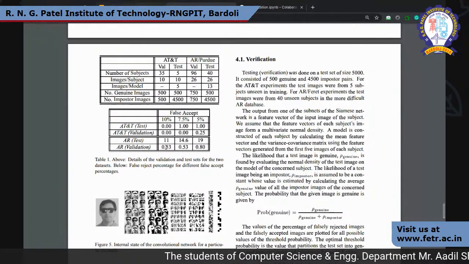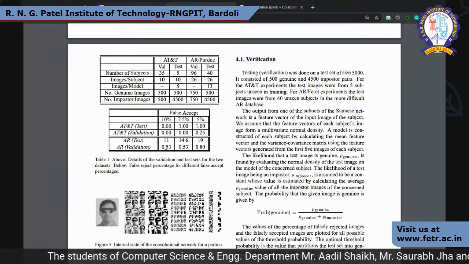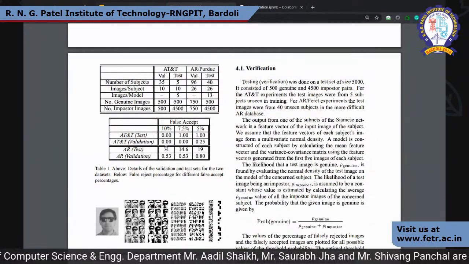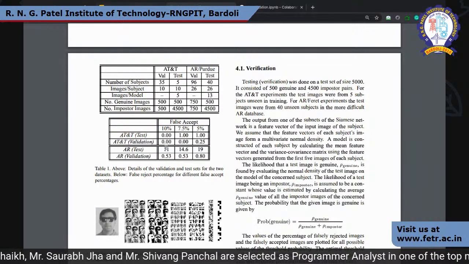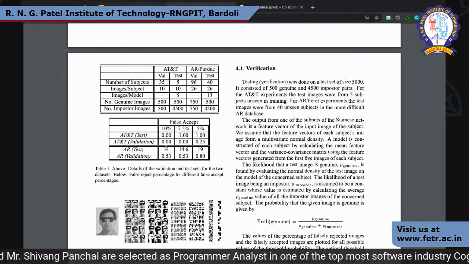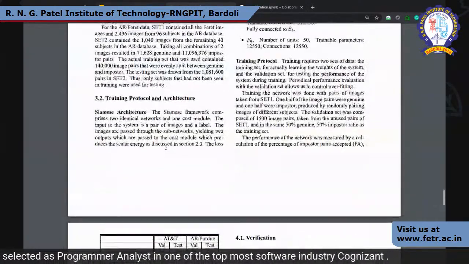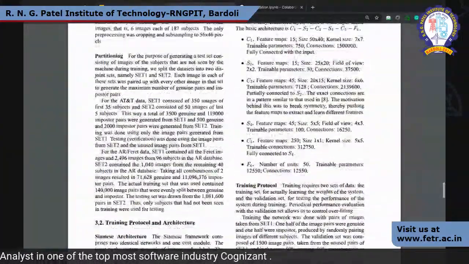These are metrics which you might not understand right now, but each and every problem has different metrics. As it is a verification problem, it basically works on the distance metric, right? So this is how this paper is.